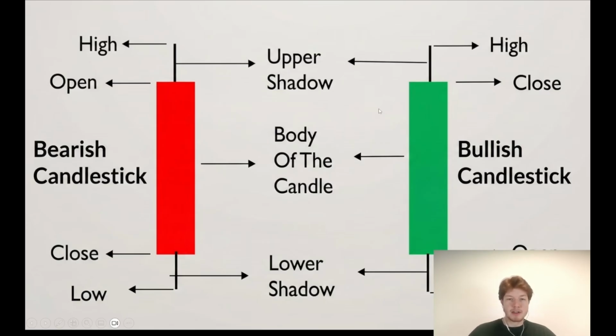But what you might also notice is that we have something called shadows, or more commonly referred to as wicks. They are these small thin lines that are beyond the candlestick body itself. So the candlestick body really just shows us how the open relates to the close, but it doesn't show us the absolute lowest price or the absolute highest price that was traded during the day.